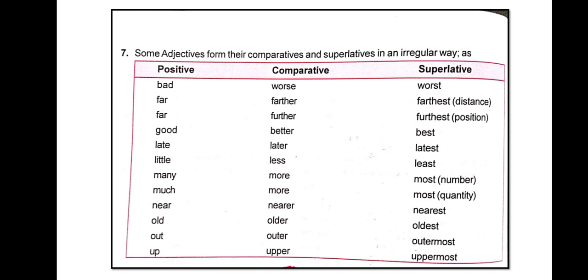Here we use many for number, and if the positive is much, it shows quantity. Near, nearer, nearest; old, older, oldest; out, outer, outermost; up, upper, uppermost.